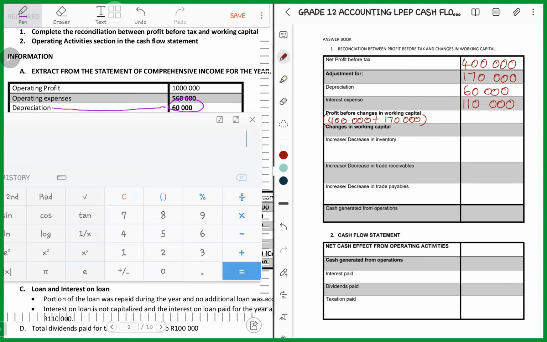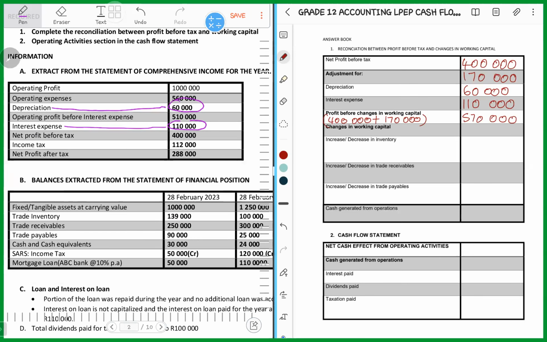So let's see how much it gives us. So it's 400,000 plus 170,000. That gives us 570,000. I hope everyone got this one correct.